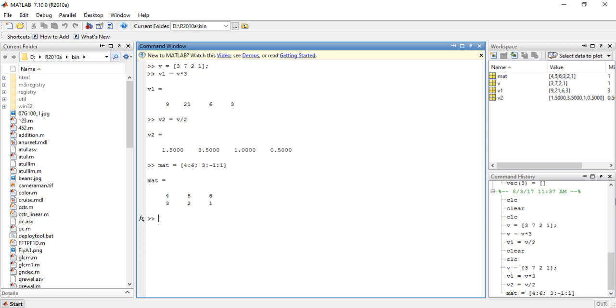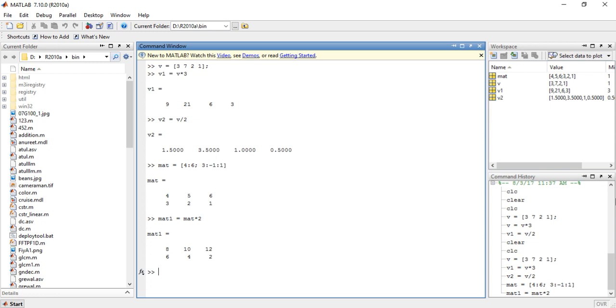So this will give you the matrix as 4, 5, 6 and 3, 2, 1. Now we want to multiply every element in the matrix by 2, so we are using the command mat1 equals mat times 2. This operation is referred to as scalar multiplication. We are multiplying every element in a vector or matrix by a scalar.